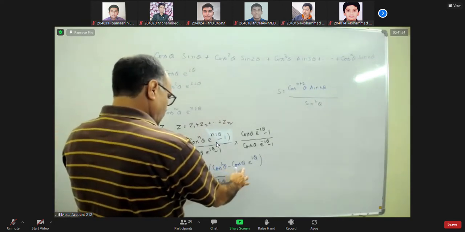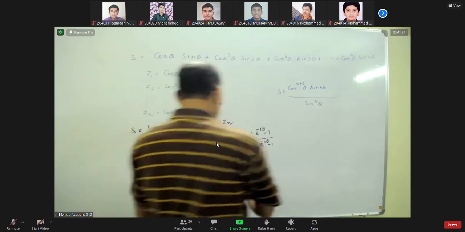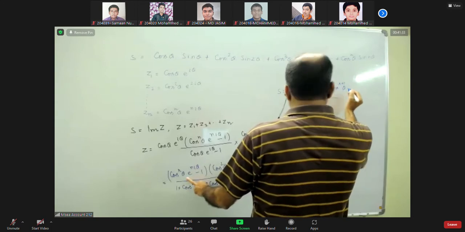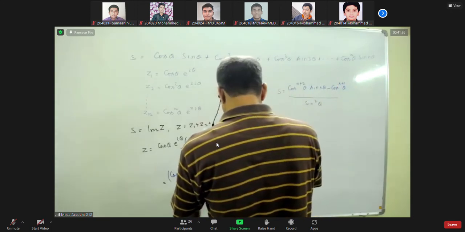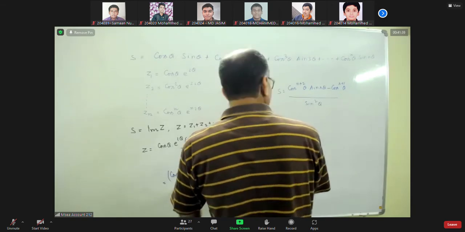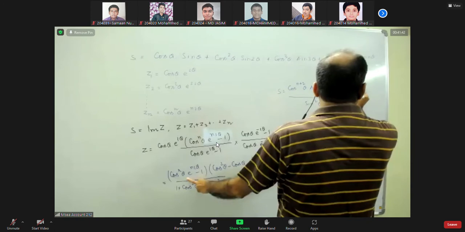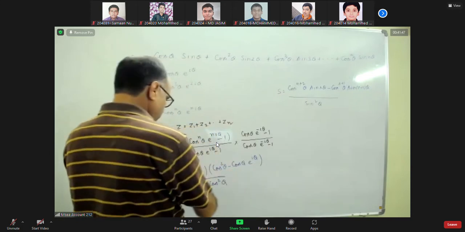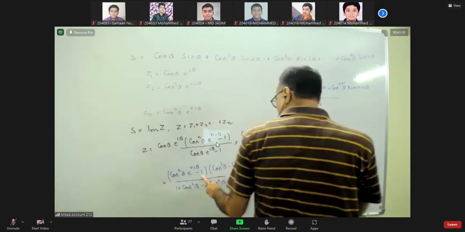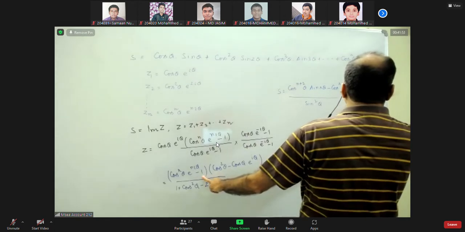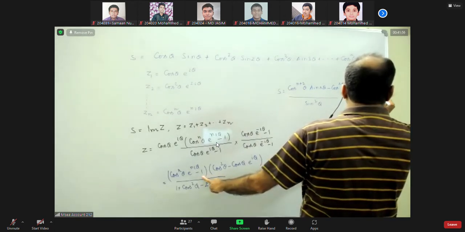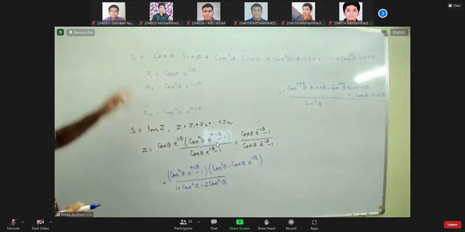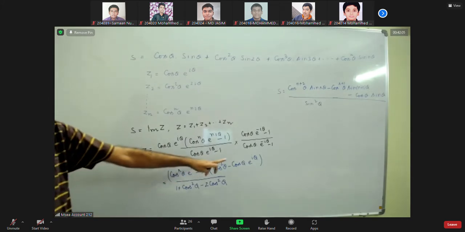Now cos n plus 1 theta minus cos n plus 1 theta into sin n plus 1 theta minus cos theta sin theta. Okay, this is S, sum of this series. Multiply and take the imaginary part.